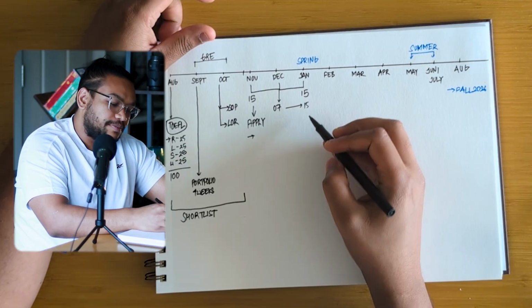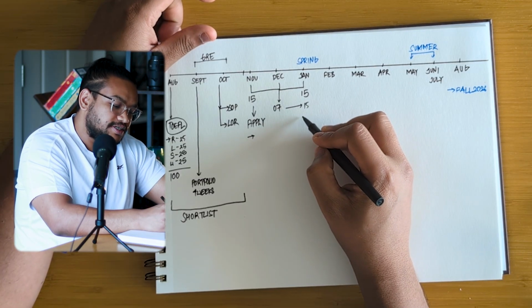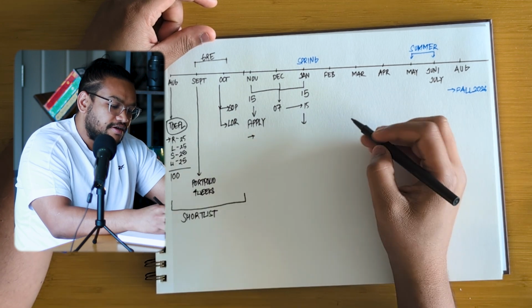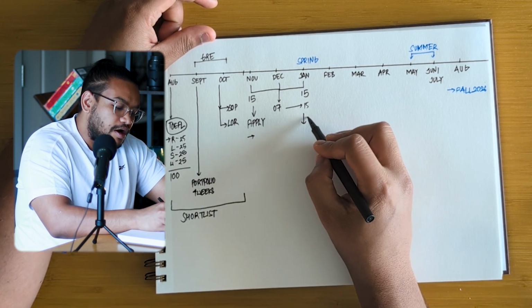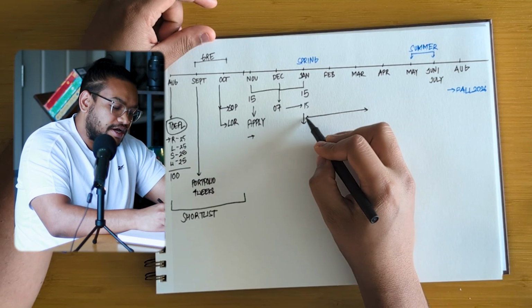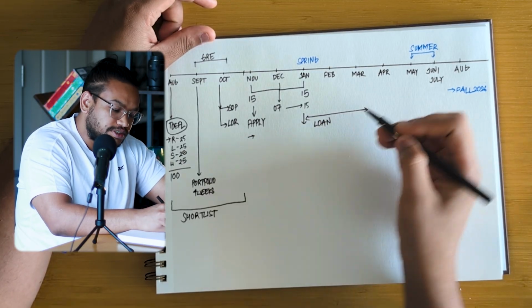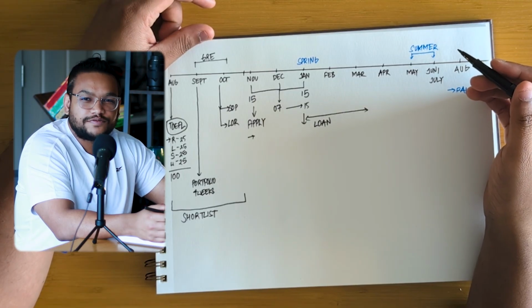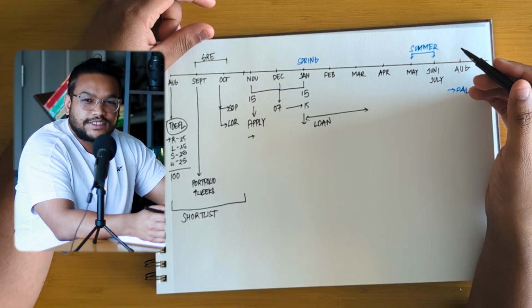And now that your application is submitted, January to March is a very good time to look for loans. And I don't really encourage taking loans for master's because, in my experience, it's really hard when you take a loan and come here and then you've got to pay back all the loans. It's too much pressure.